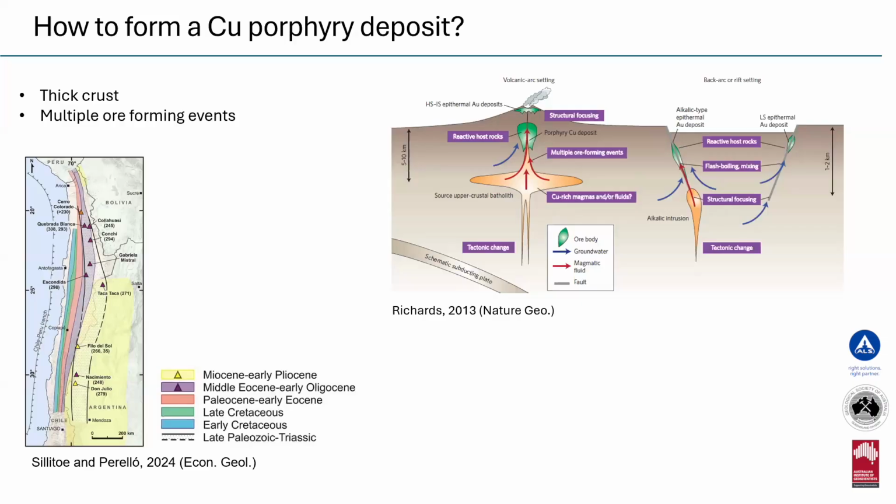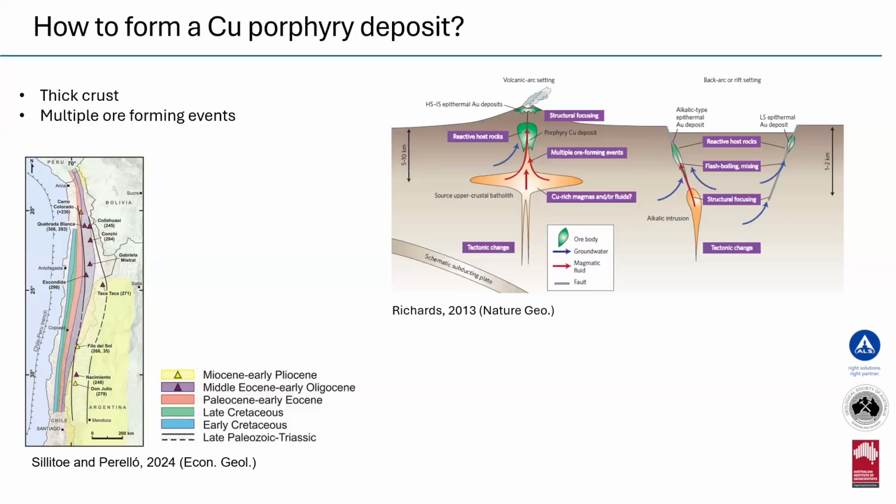So here's an example from the Andes, where the site of some of those giant Neogene ore deposits are also the site of much earlier deposits, as we can see here. Permian and Cretaceous.